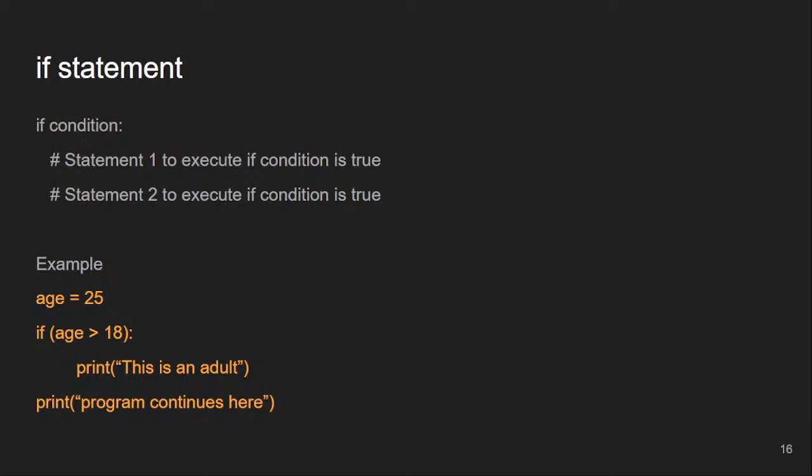If you are talking about the if statement, this is the structure. Remember, in Python we don't use semicolons and curly braces to define our scope. We use the colon. You write the keyword if, then your condition, then a colon, and the statements under this if condition you have to indent.